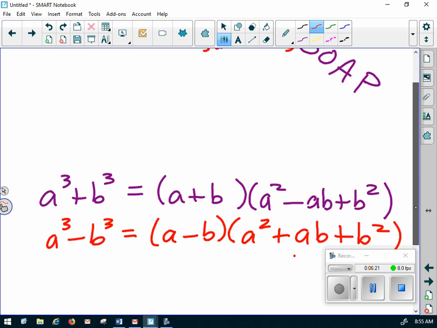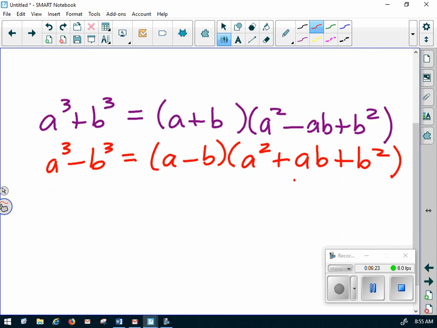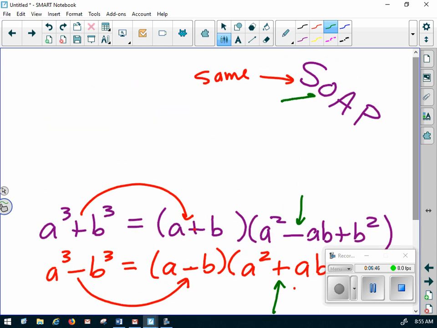The first sign right here is the same as this one. Same. The next sign, what do you notice about this sign compared to that one, and this sign compared to that one? Opposite. So what do you think the O means? Opposite.